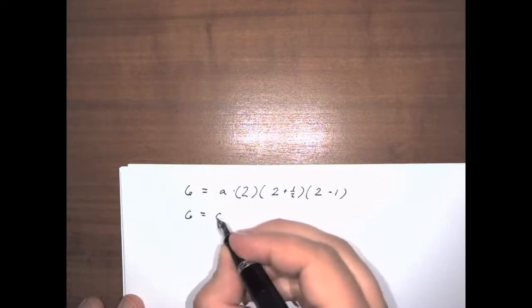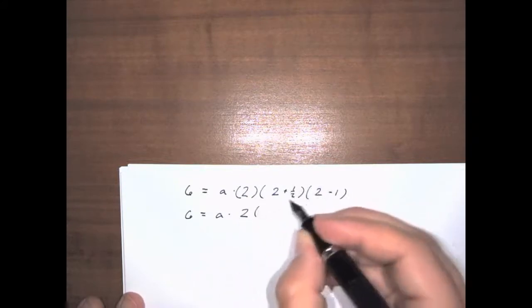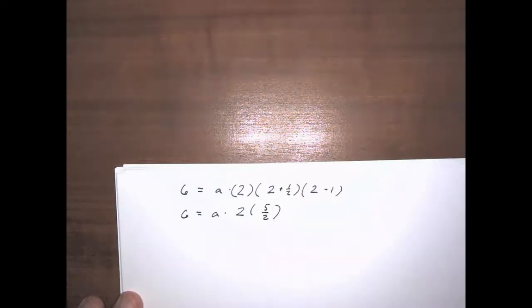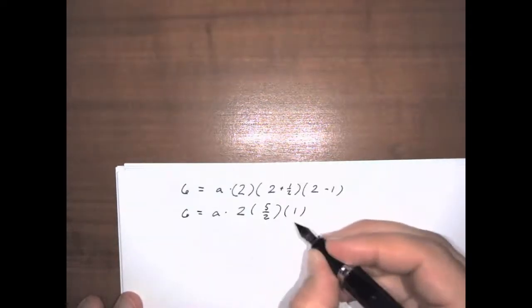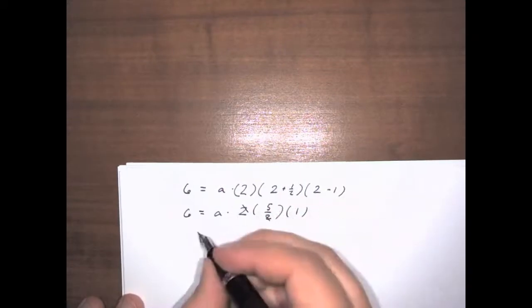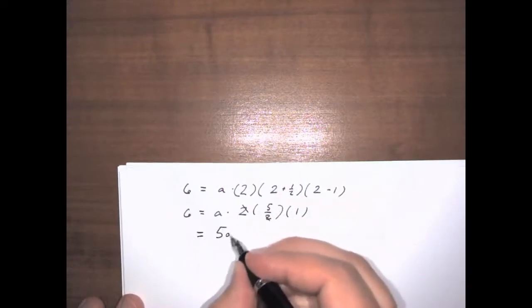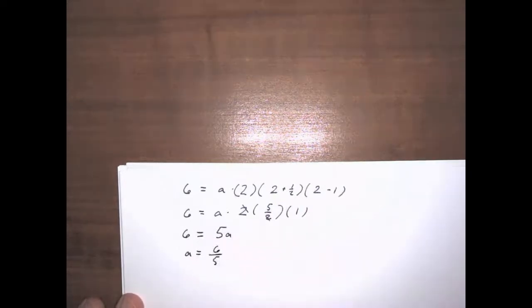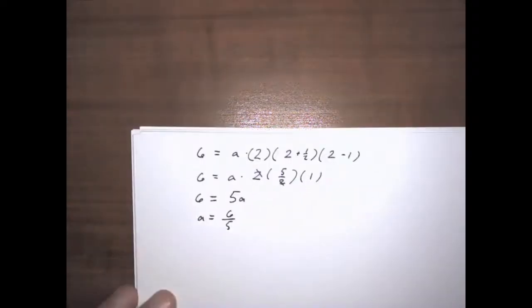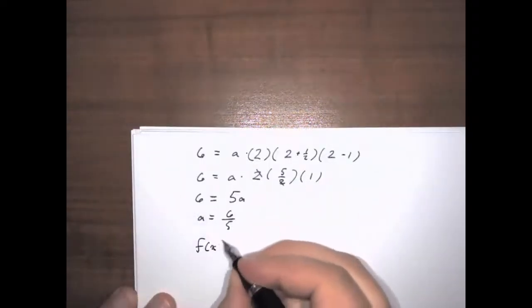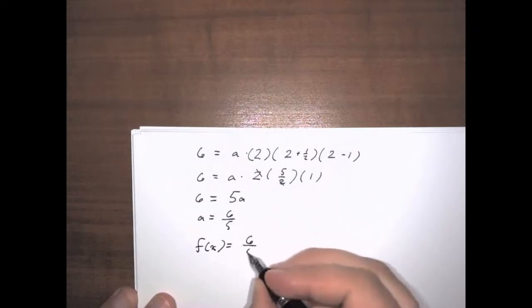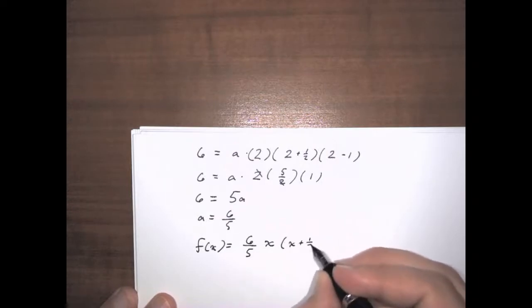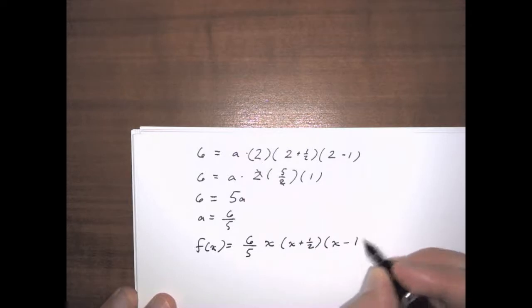So 6 is equal to a times 2, 2 plus 1/2 is 2.5, or in other words, 5/2, times 2 minus 1 is 1. So those actually cancel, and what we get is 5 times a equals 6, so a equals 6 over 5. Which then gives us, as a polynomial, f of x is equal to 6 over 5 times x times x plus 1/2 times x minus 1.